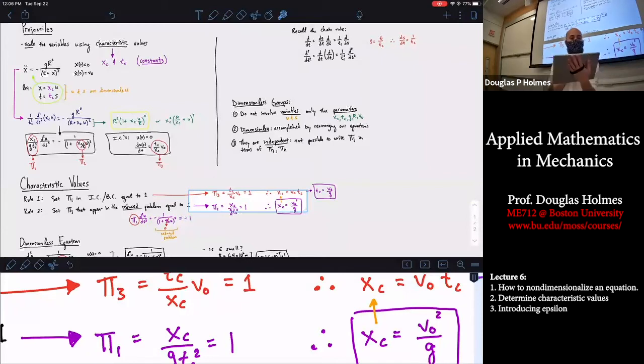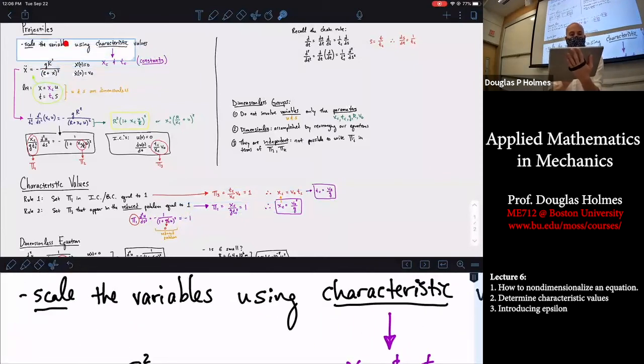Exactly. The way the non-dimensionalization process works is you identify the variables in the problem, and we're going to rescale those values by some characteristic values. So in this case, there is 1 independent variable and 1 dependent variable. It's an ordinary differential equation, the independent variable is time, the dependent variable is the height of the projectile, and so we have 2 variables.